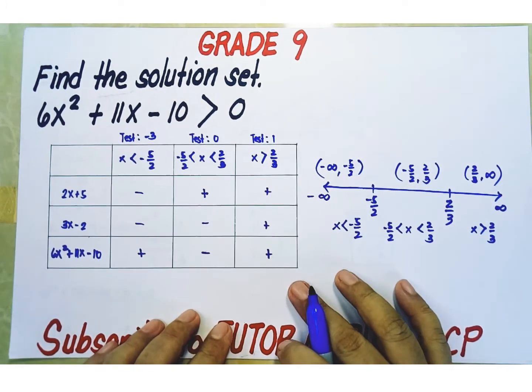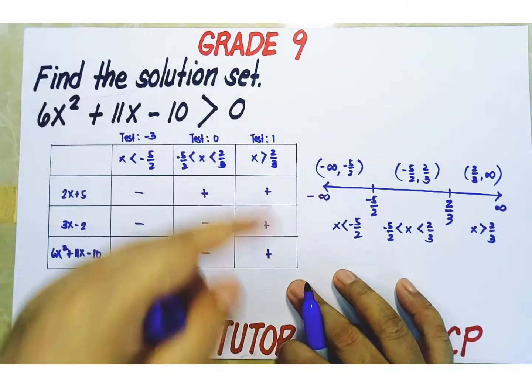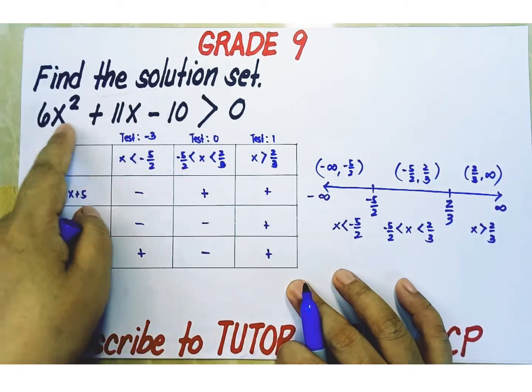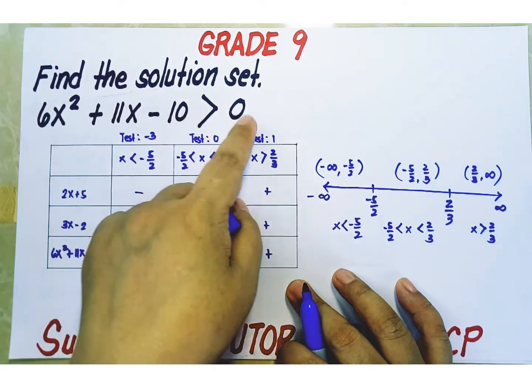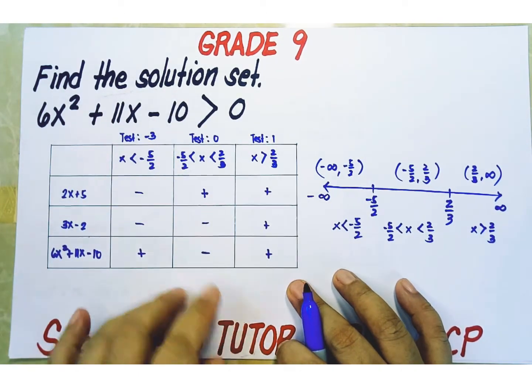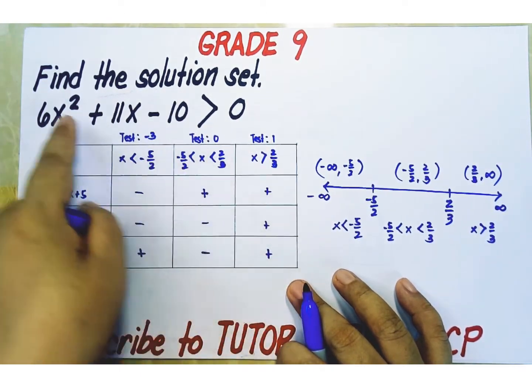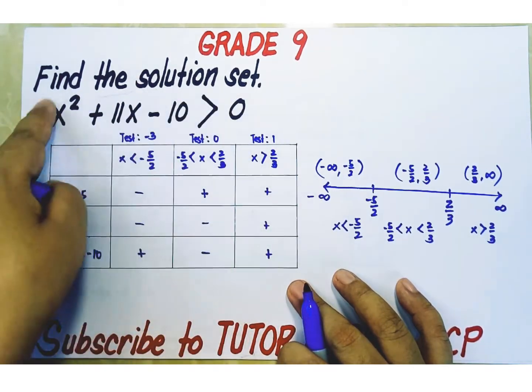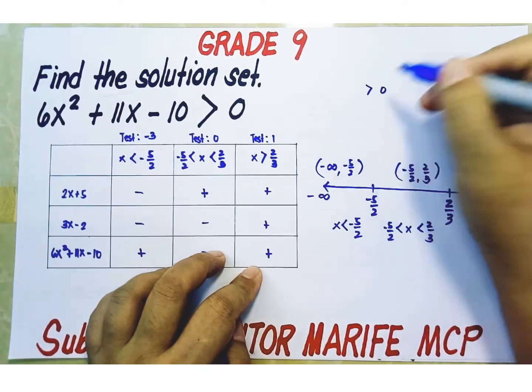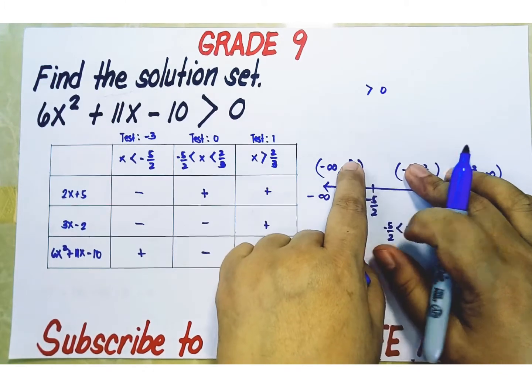Okay? Let's go back to our given quadratic inequality. 6x squared plus 11x minus 10 is greater than 0. Which of the three intervals will make this statement true? We have greater than 0.